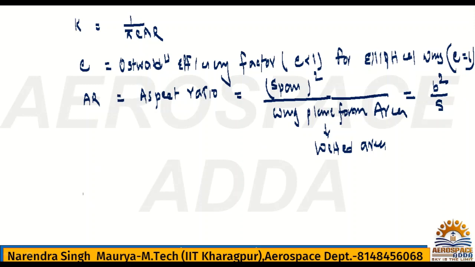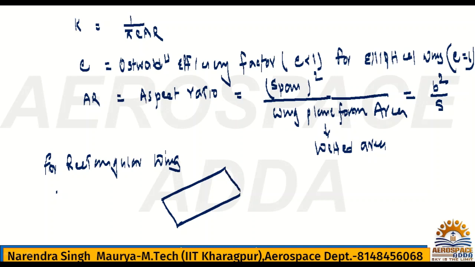So let's check for a rectangular wing. See, this is the rectangular wing. This is B. This is C, C for chord.